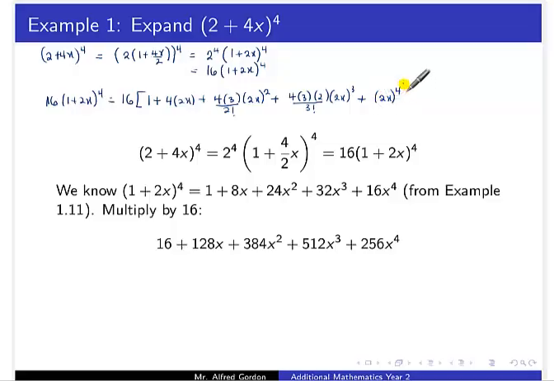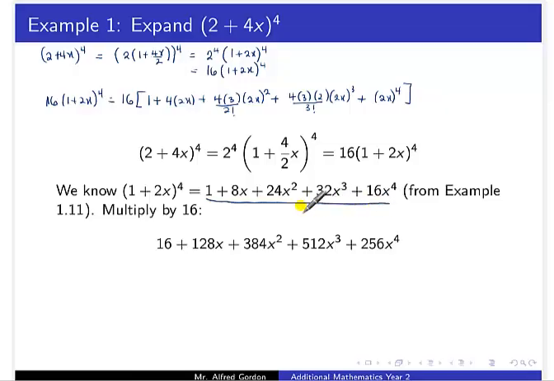Now we simplify this, and then we have 1 plus 8x, which is 4 times 2, plus 24x squared, plus, simplifying this, 12 multiplying 2 is going to be 8. Take your time and simplify. We are going to have this expression as a simplification.